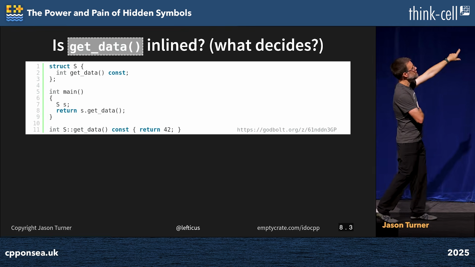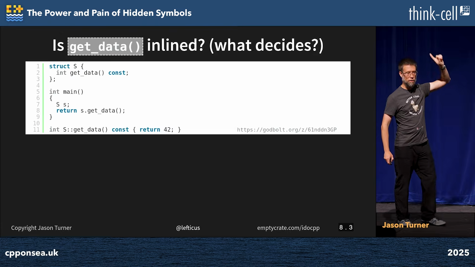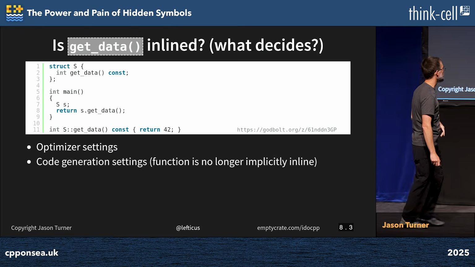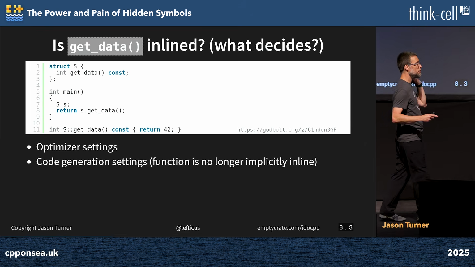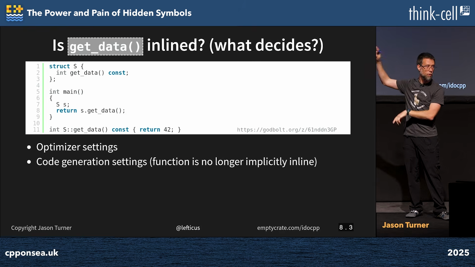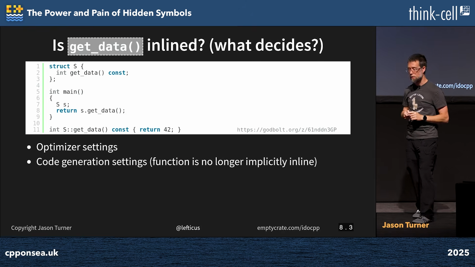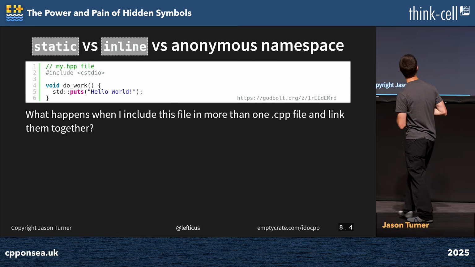If I explicitly define get data out of line, now we're back in the case where it's the optimizer settings and this code generation kind of world. Like if I turn on fPIC here, now this is going to actually emit the symbol for it. It's not going to be implicitly inline.